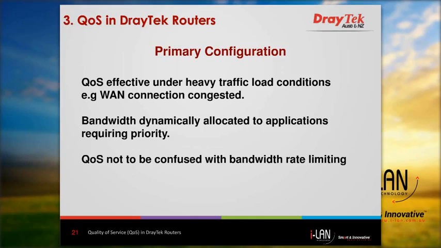And also, it's worth noting that quality of service is not to be confused with bandwidth rate limiting, which has the effect of slowing down the PCs, but it doesn't prioritize data traffic.